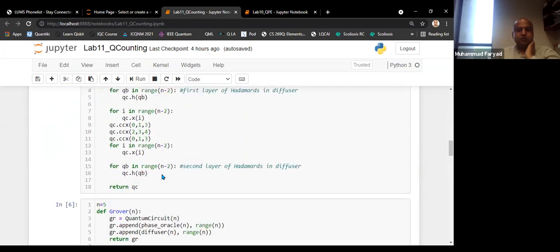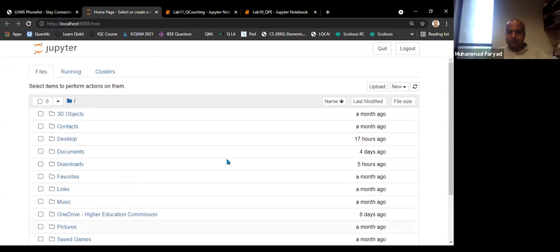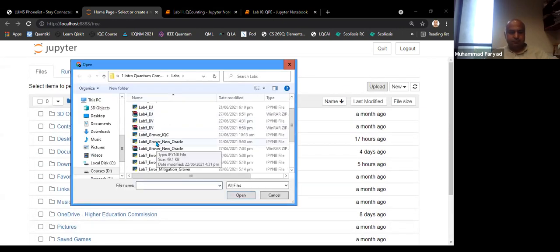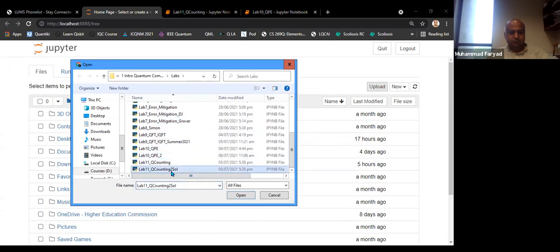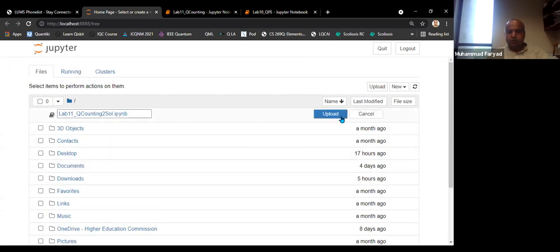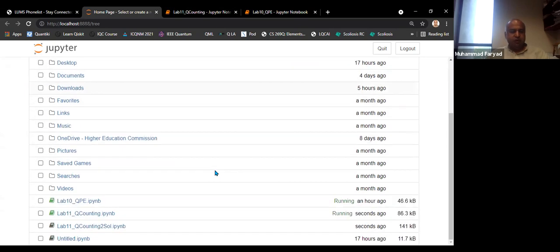So any question about this quantum phase estimation circuit? Let me also show you a situation where I have prepared an oracle that has 2 solutions.